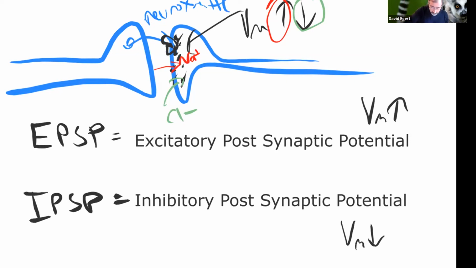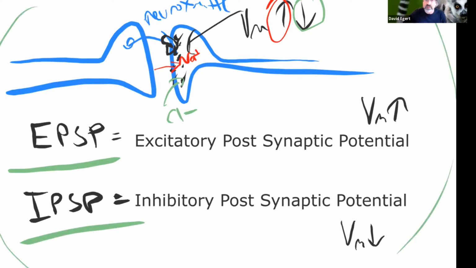So we now have everything we need to put the whole picture together. We have this idea of how one neuron is influencing another neuron through these synapses. And we also know about how action potentials get triggered once the axon hillock goes above that minus 55 millivolt threshold. So let's put it together.